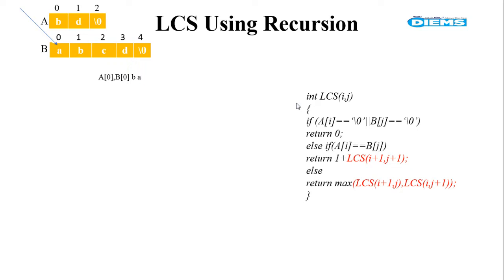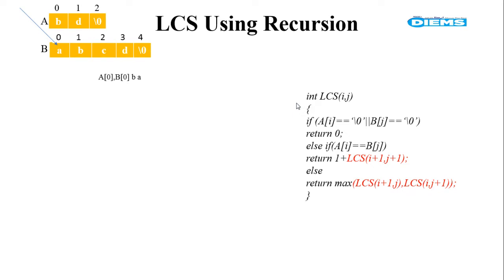In this code, we have one function LCS having two parameters, i and j. In this code, we are trying three conditions. We will see whether one character from string 1 and another character from string 2 are \0, and we are using the OR operator here. If any one of the values is \0, it will return 0. If both the characters are equal, matching with each other, then it will simply return 1 plus the recursive call.